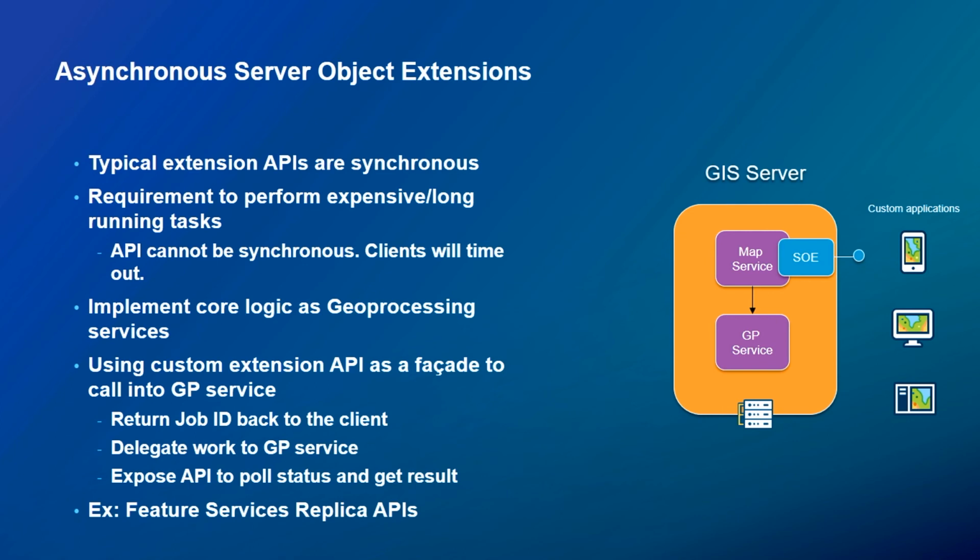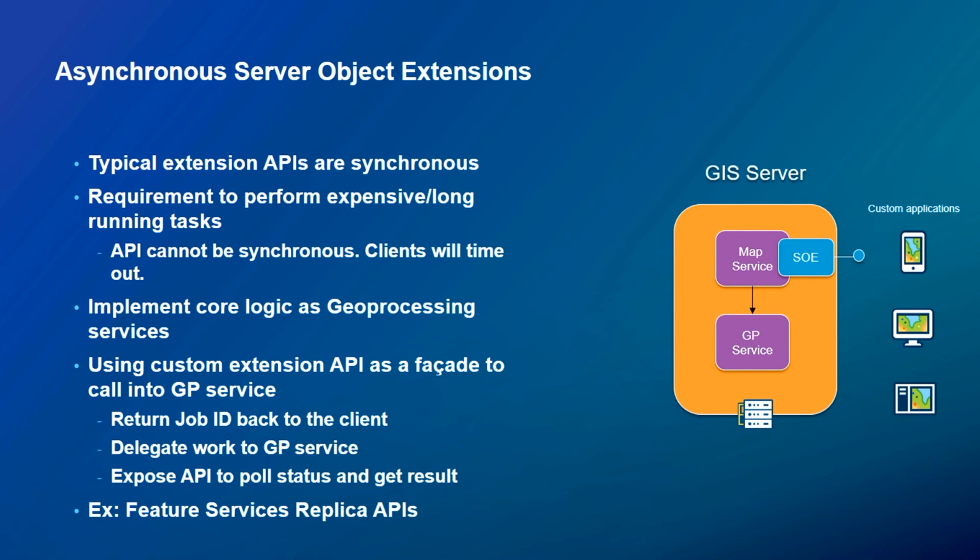So here is a pattern where you do want to expose an asynchronous API to your client in an SOE. The way you would do it is you implement your core logic as a GP service rather than an SOE, and you attach an SOE to your map service, but the SOE can work in a dual mode. If it's an asynchronous call, it can submit that request to a GP service, get a job ID back, and return it to the client.